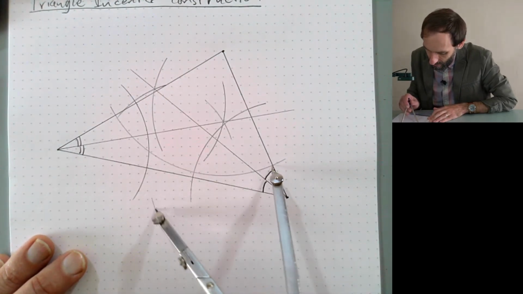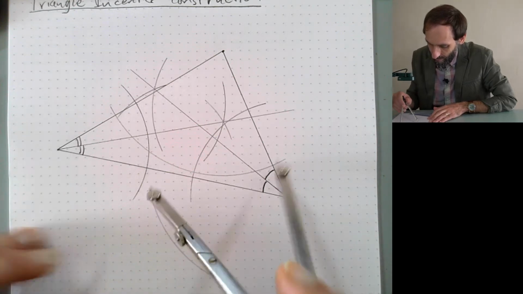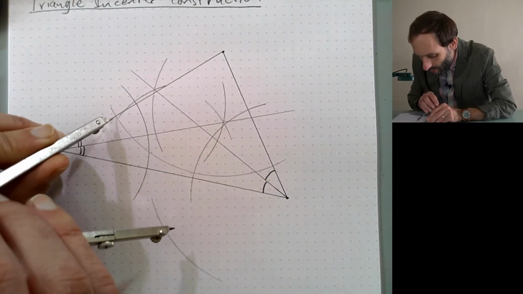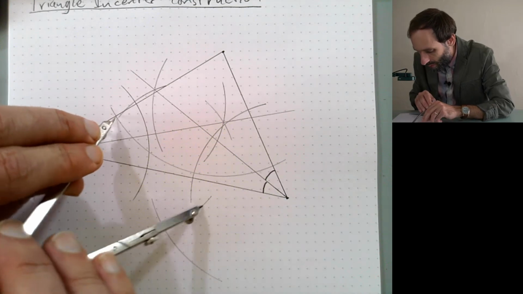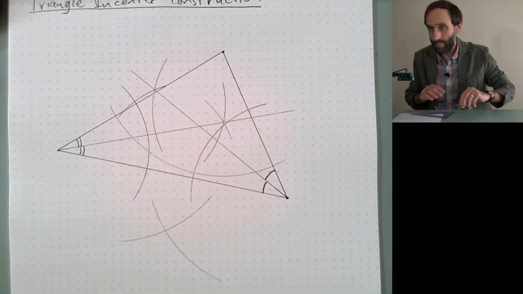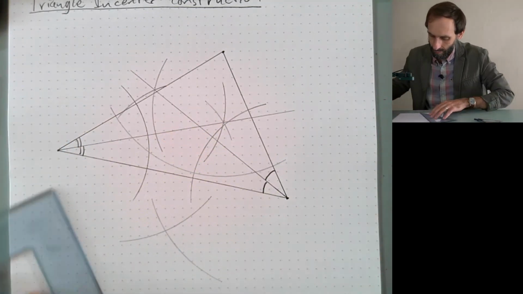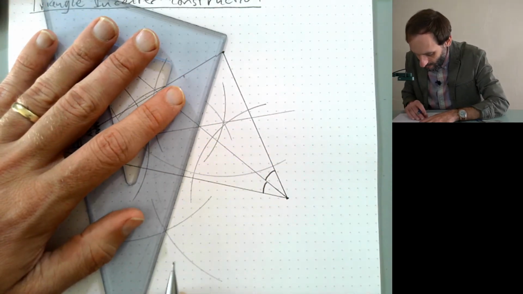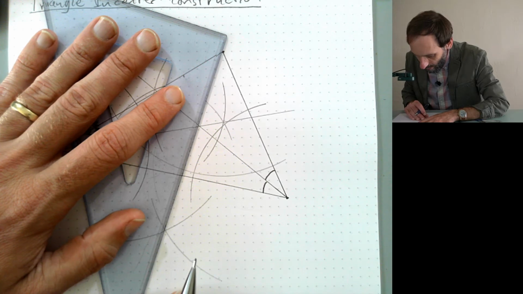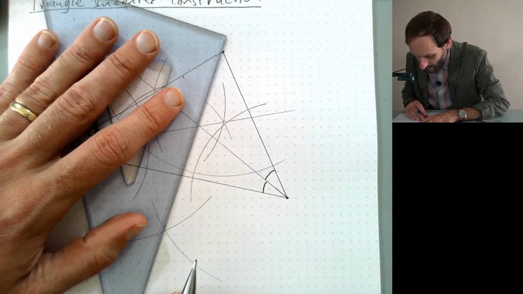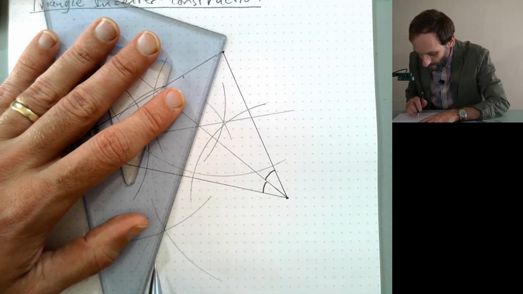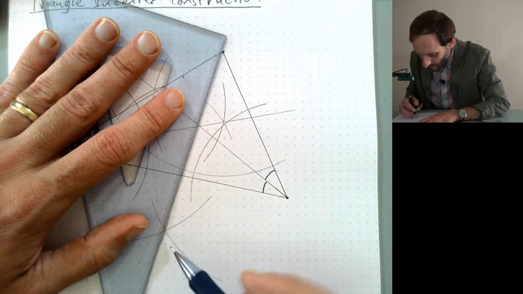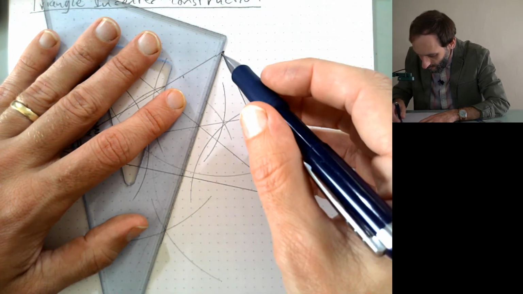So I'll draw this one here. And now I'll go to here, this point of intersection. I'll draw another arc right there. And now I need to draw a line from the point of the angle through that intersection point. That is my third angle bisector. So let's line it up and draw the angle. Okay.